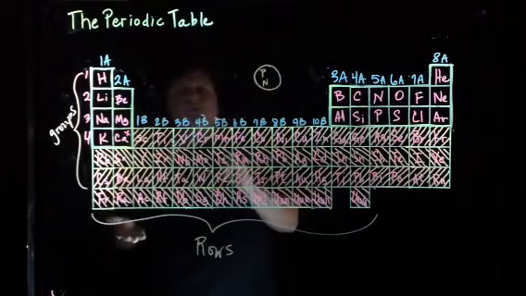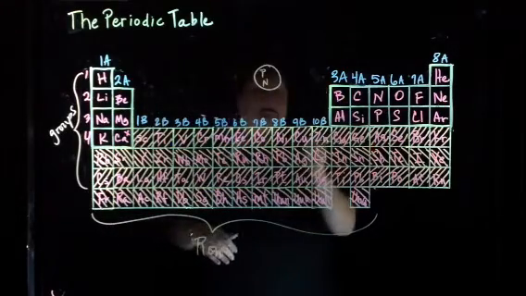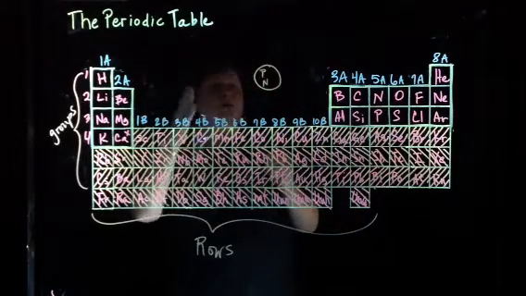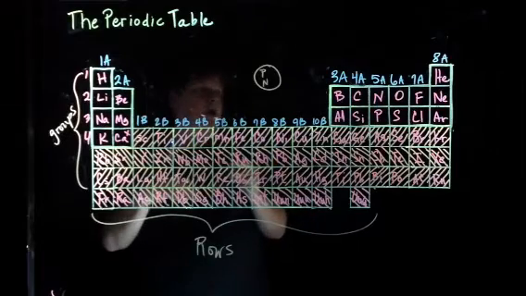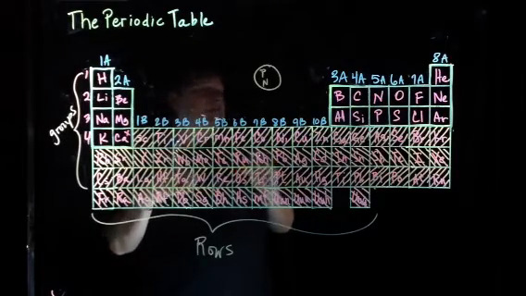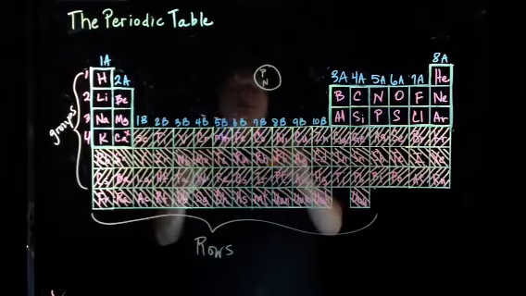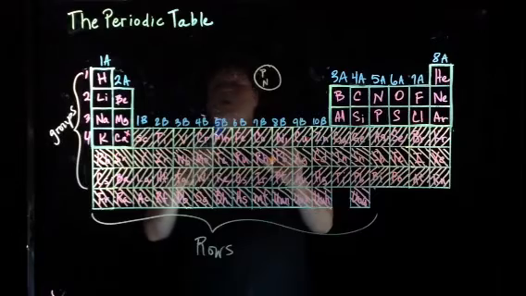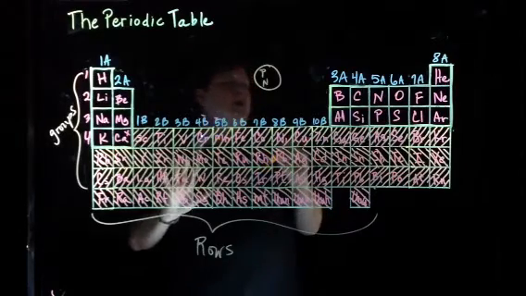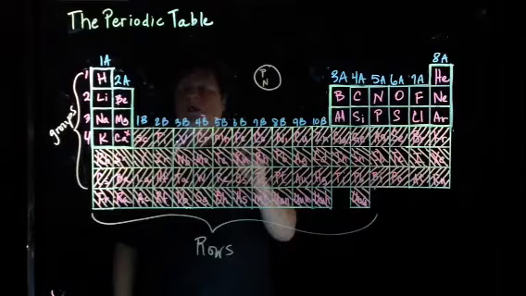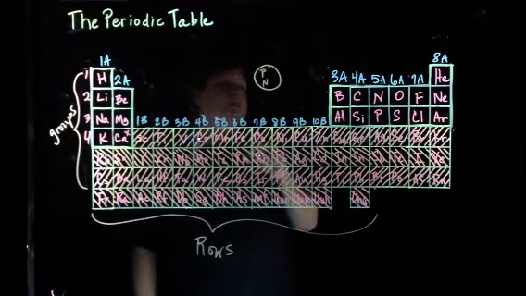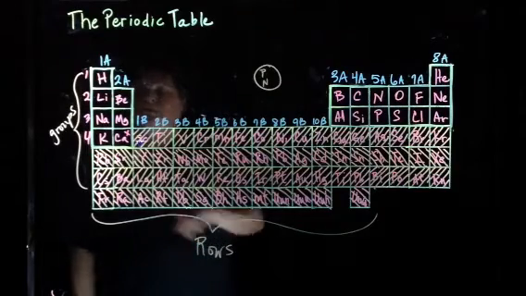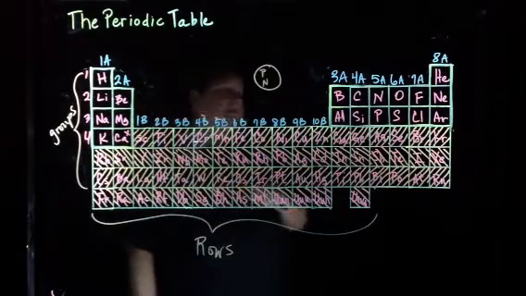So if I have 6 protons, I have 6 electrons. Now, for neutrons, that is not always the case. Our protons and our neutrons may not always equal, and those will cause some changes in the atomic mass. However, for this class, unless I tell you otherwise, our protons and our neutrons are always going to equal. So, the rows tell us the number of orbitals, the groups tell us the number of valence electrons.